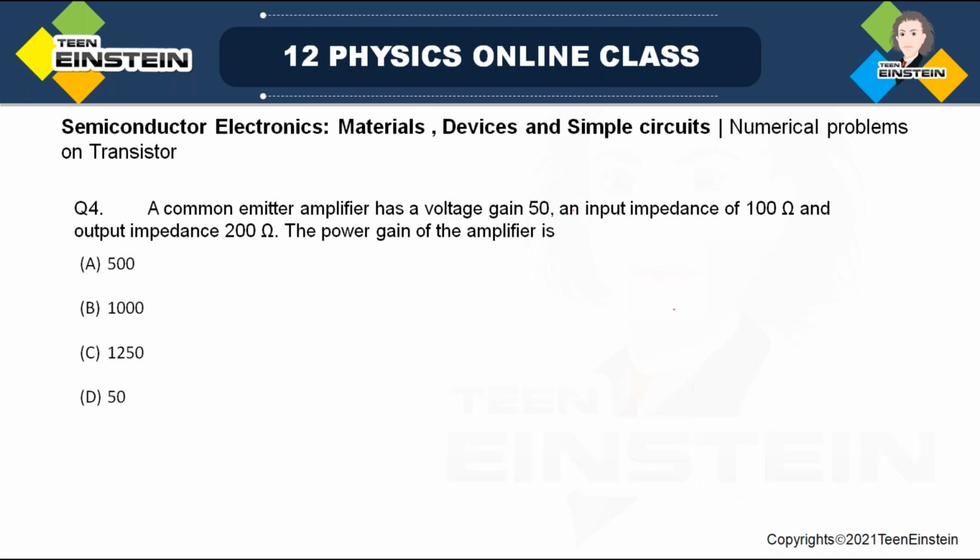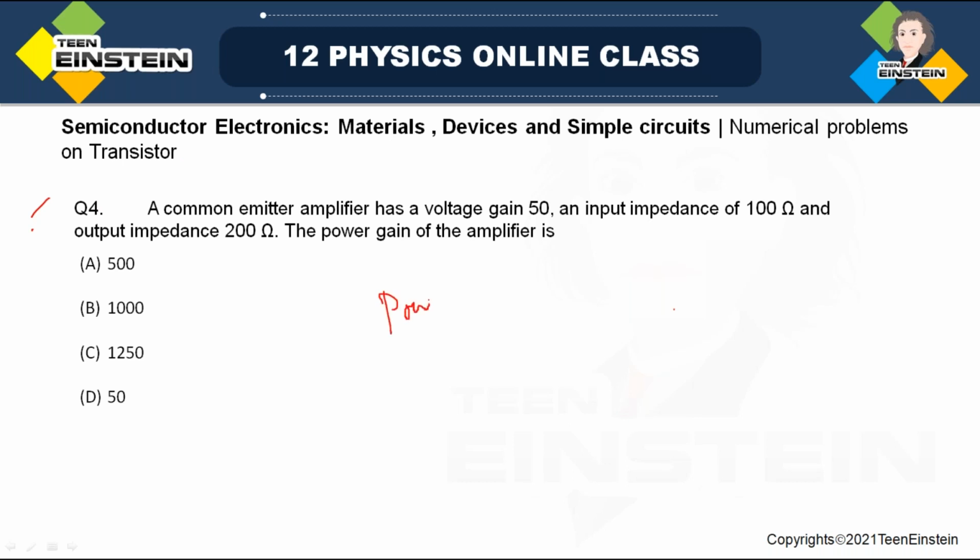Actually, there are two ways to do it. If you know beta, you can do it that way, or if you know the current gain and you know the input and output resistances, from there also you can find the power gain. Let me write what power gain is.